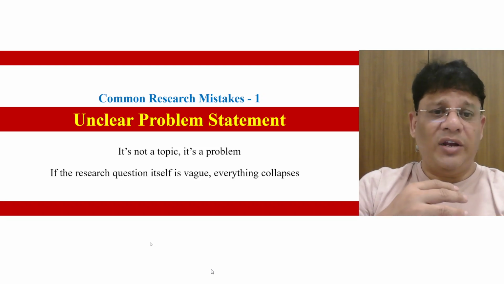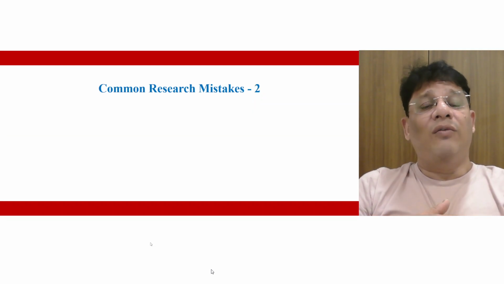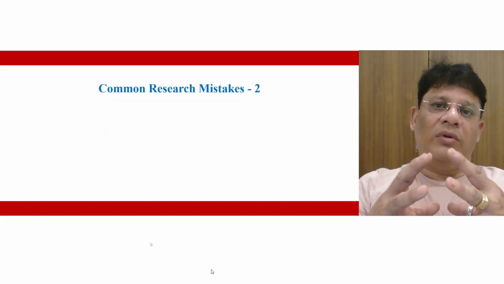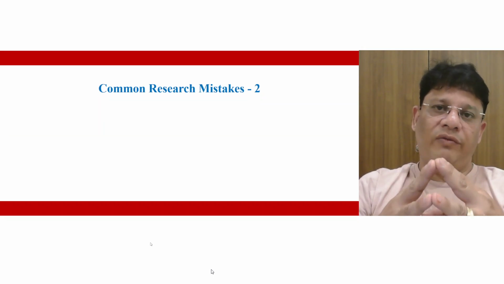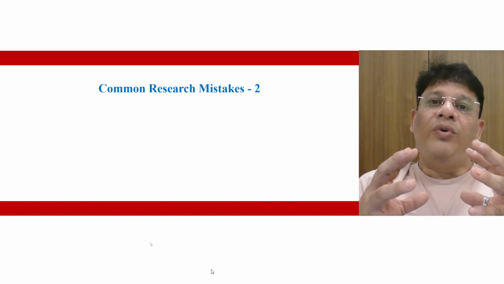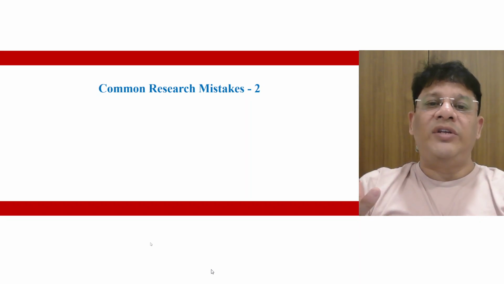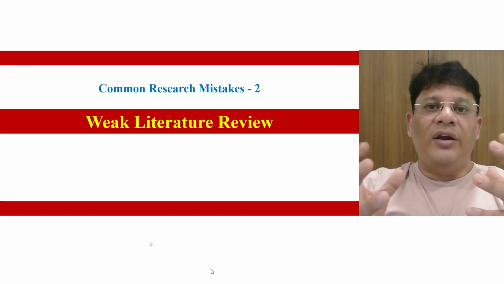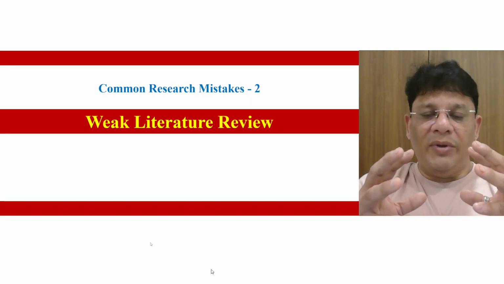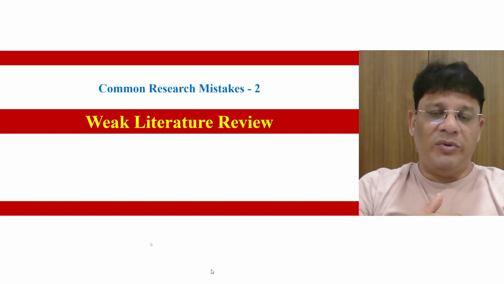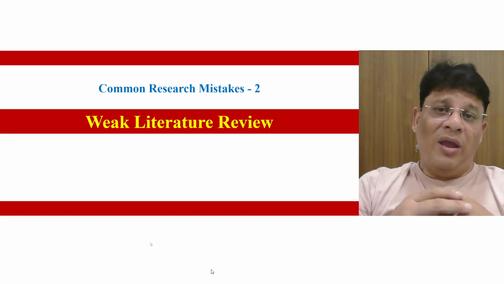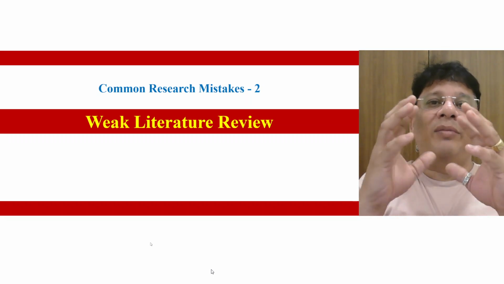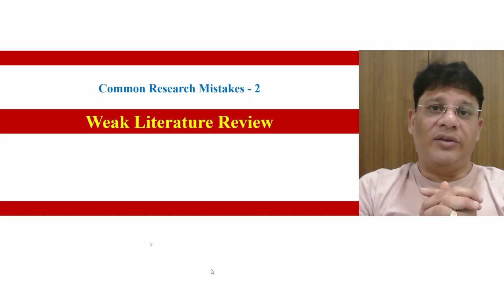The second mistake is the weak literature review. What I have normally seen is that we do not go for a systematic literature review, but focus on a convenience-based literature review. And what we normally do is try to summarize the literature we have read.